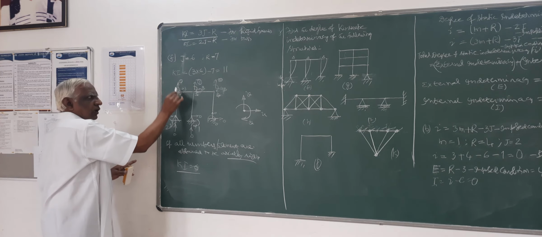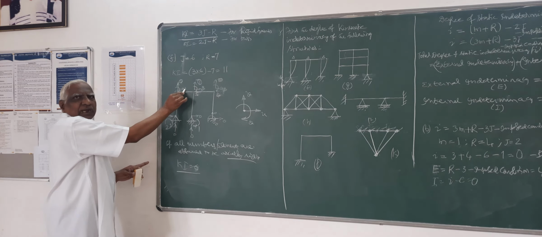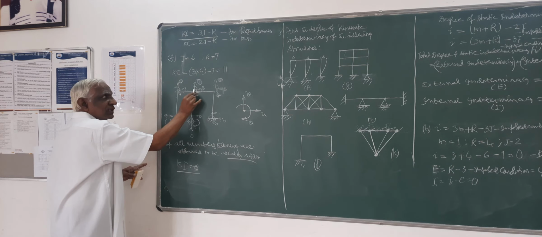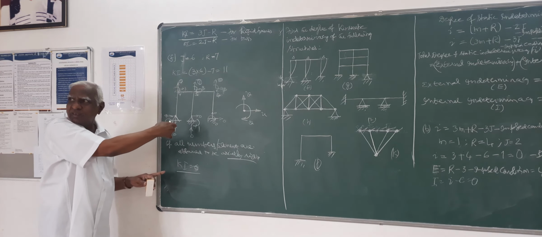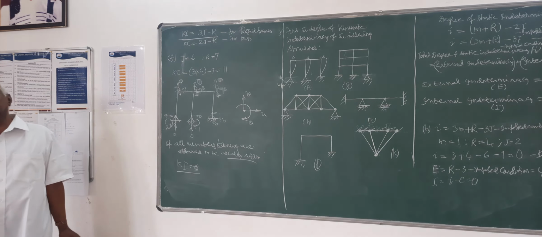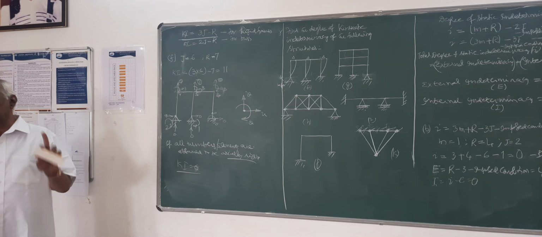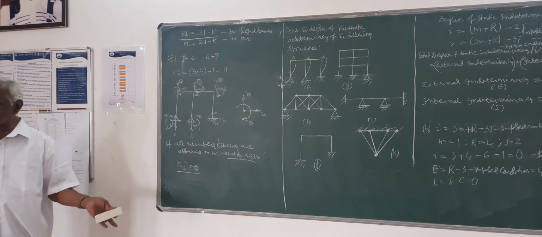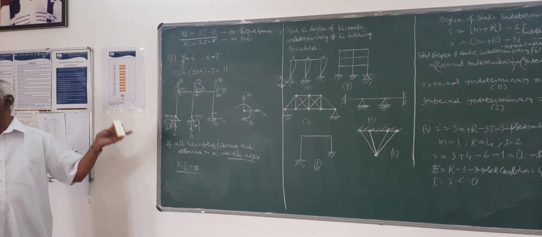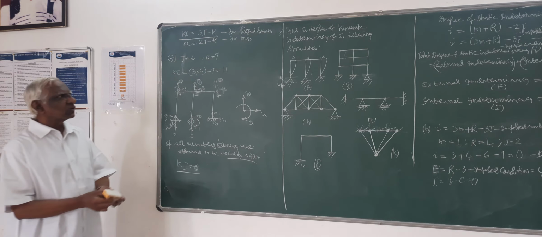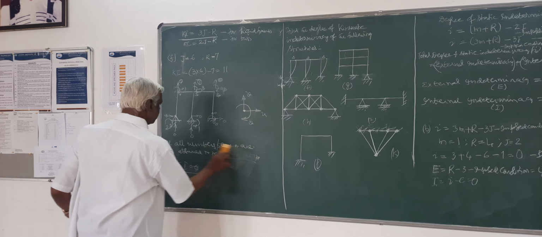Then here, this is not possible, this is possible, 3 I am calling, so this is 4. Here, this is not possible, this will be 3 only, so 5, that is possible. Like that, you have to mark and identify the kinematic indeterminacy. This is an important concept in the stiffness method of analysis. You have to identify the structure, the static indeterminacy, as well as the kinematic indeterminacy. So this is about this problem.